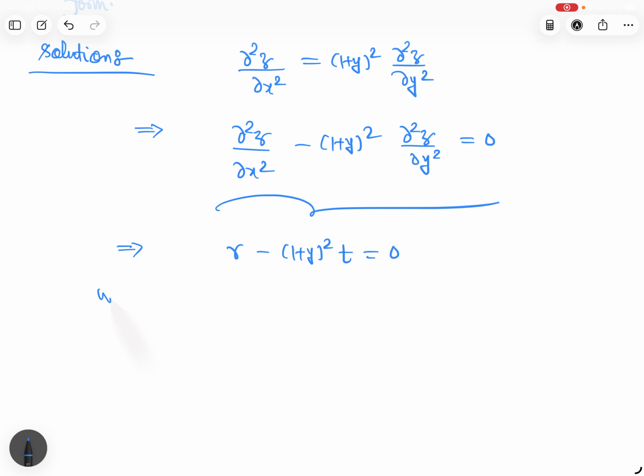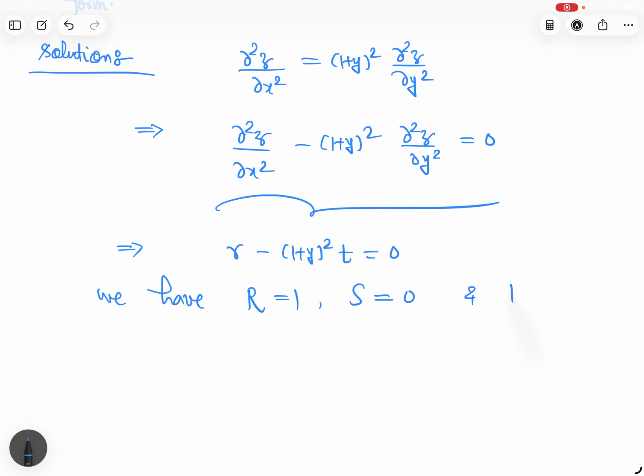So we have capital R equal to 1, because the coefficient of small r is 1. What is S here? It is 0.